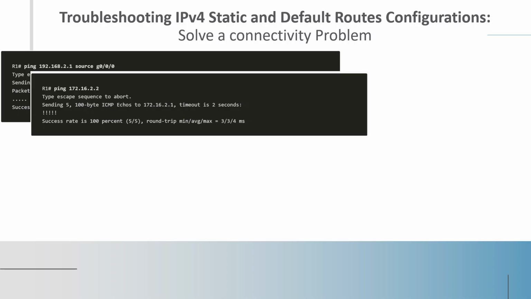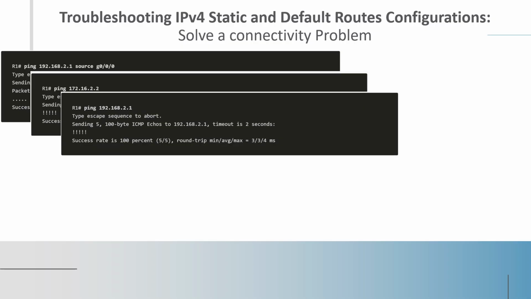So we will now ping router 3 from serial 0/1/0, which means that we will ping from router 1 to the router 3 interface 192.168.2.1, and we see that it is successful as well.